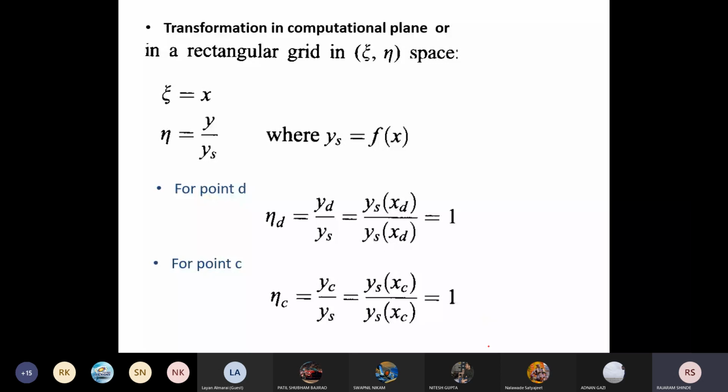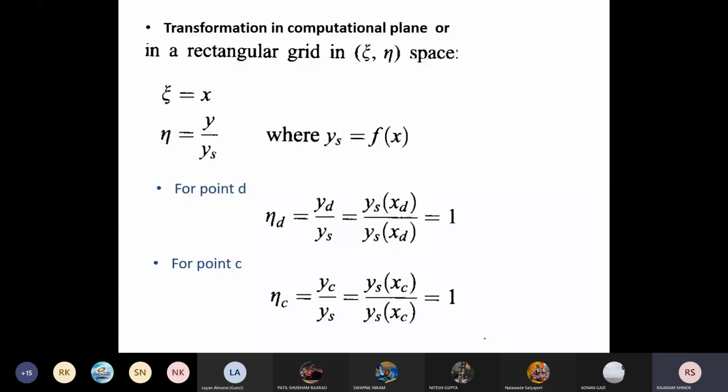Now if we observe the c point, the c point in the physical plane is different from the d point in the physical plane, because yc is greater than yd. But because of that transformation, you get the eta coordinate equal to 1 for c also. That means the eta coordinate is the same for point d as well as all the points on that boundary.